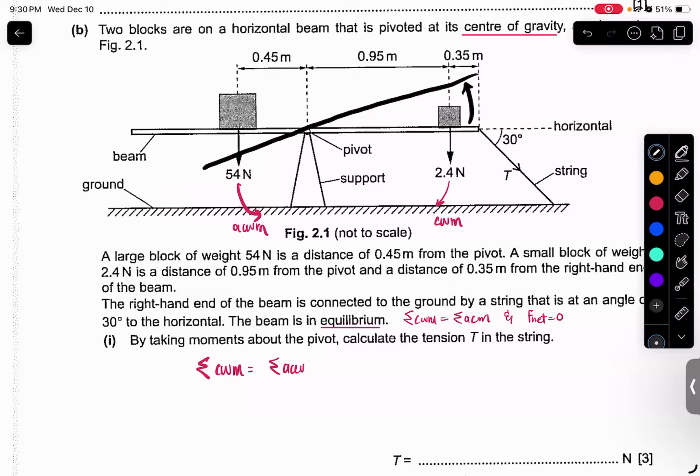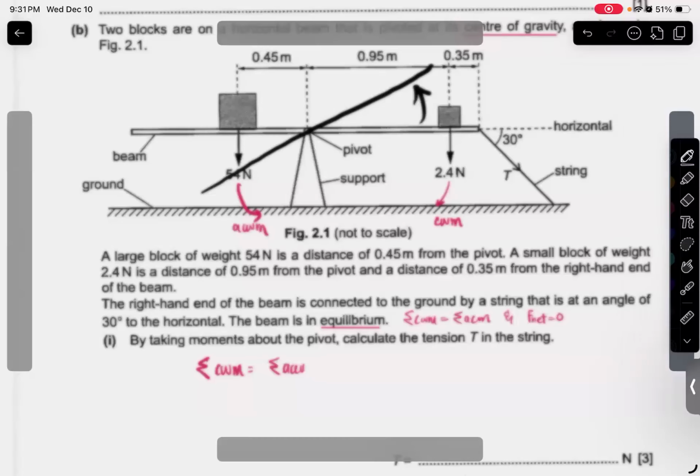So the string is actually providing a clockwise moment, because it is the string that holds you towards the ground. If you remove the string, the anti-clockwise moment is going to be too much and your bar is going to turn anti-clockwise.